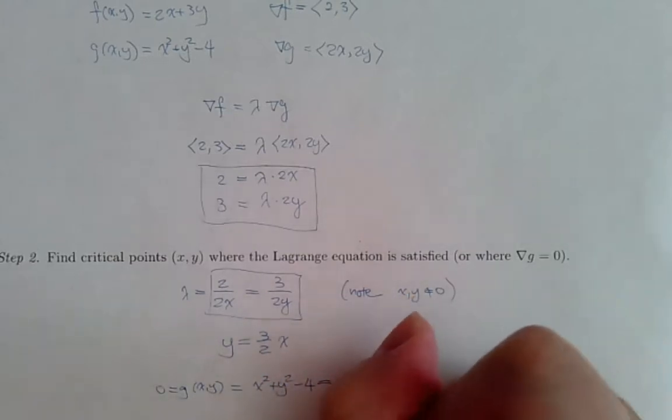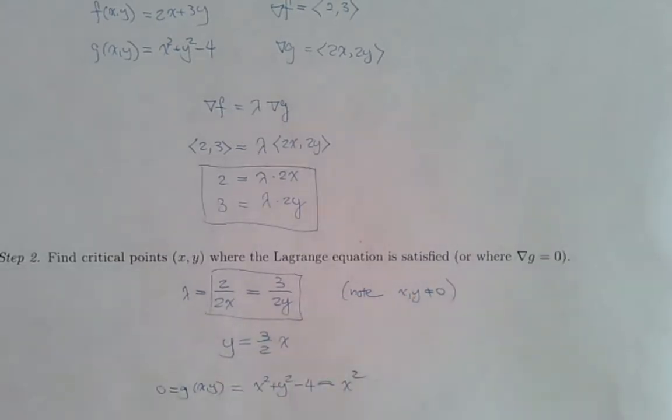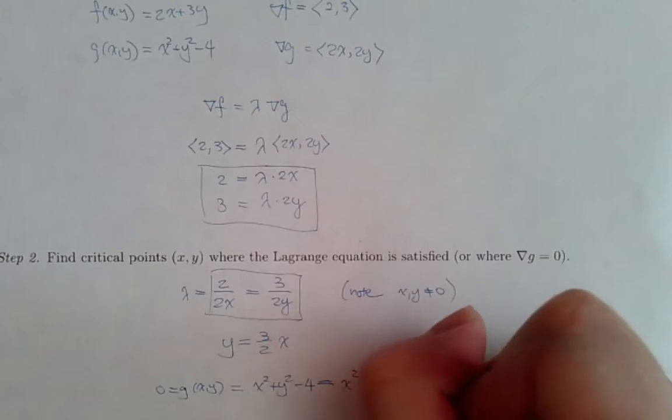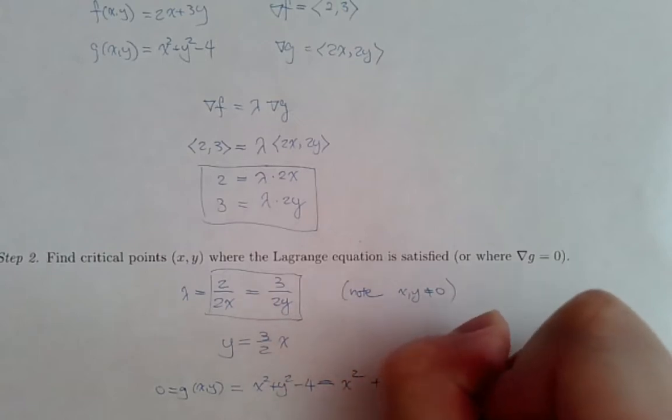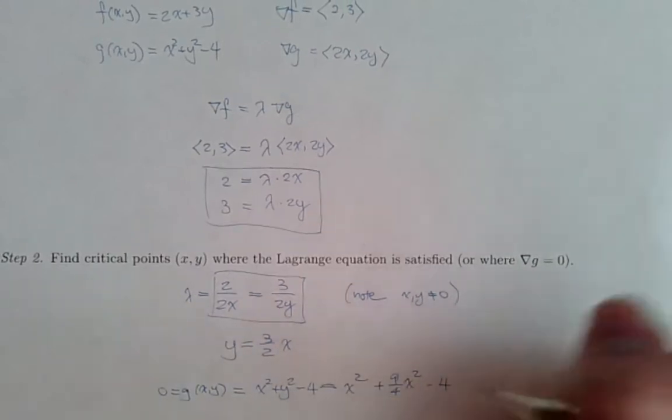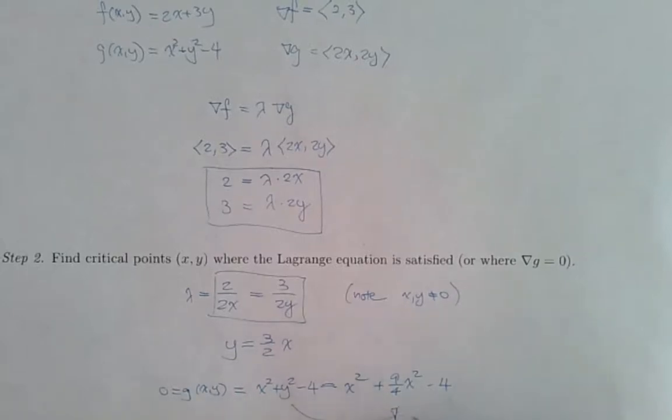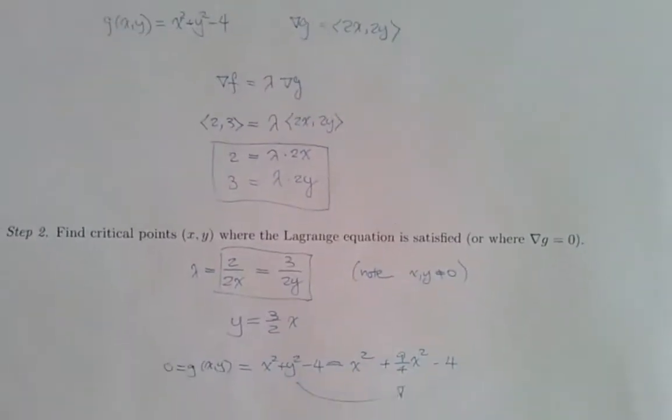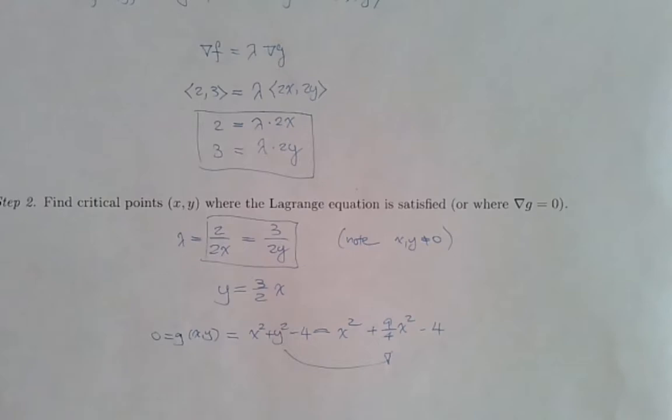But I know that y is 3/2 x, so 9/4 x squared minus 4. Here we're using the fact that y is equal to 3/2 x.